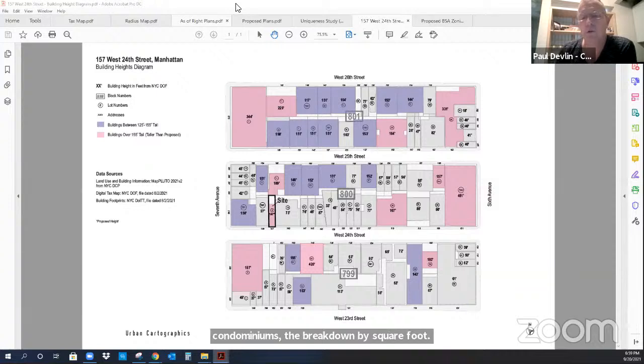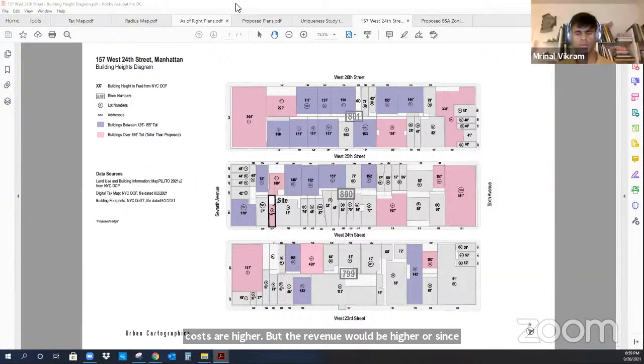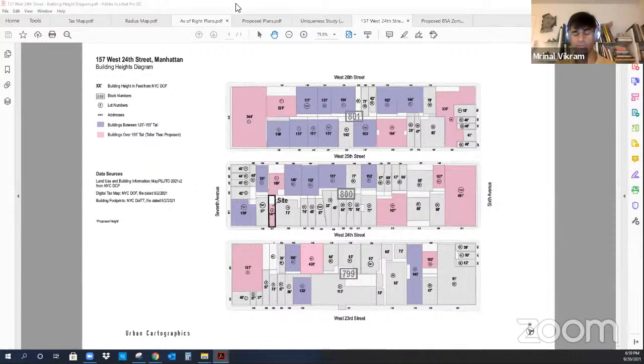So the cost of construction of commercial would be lower, but the return would be lower. On residential, the costs are higher, but the revenue would be higher. Understood. And then just one more question. Was some sort of a scenario analysis presented as to what the minimum amount of height would be in order for a reasonable return on investment?